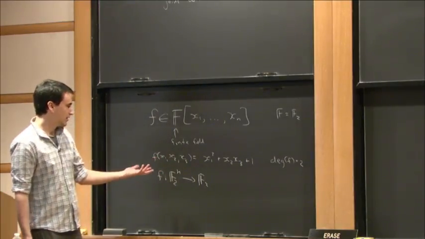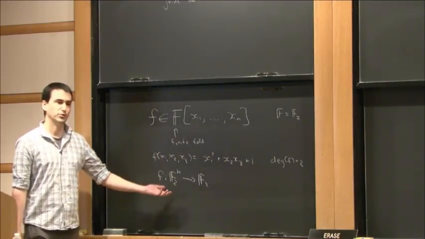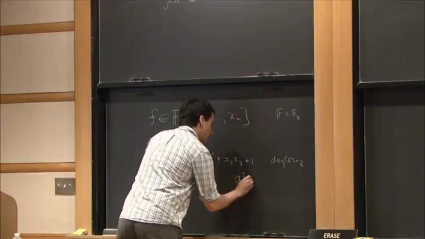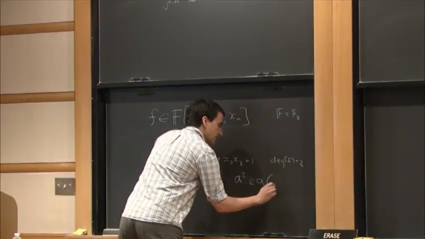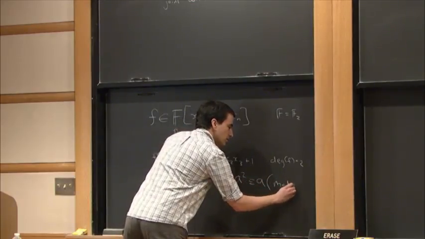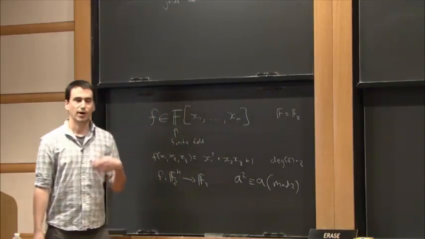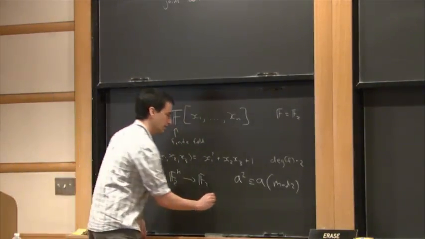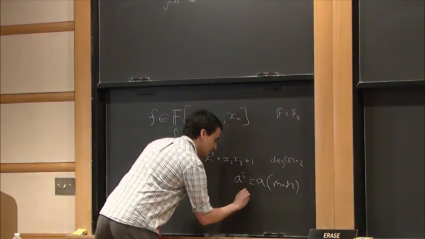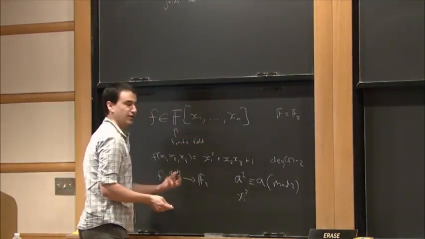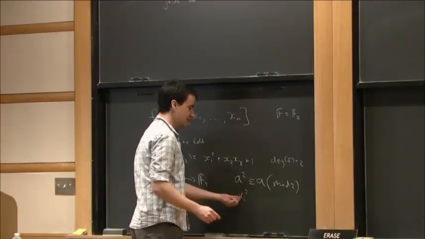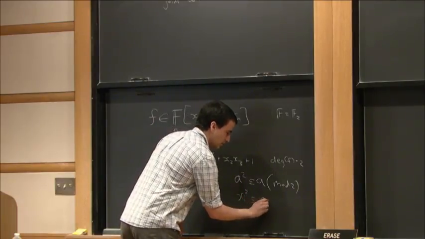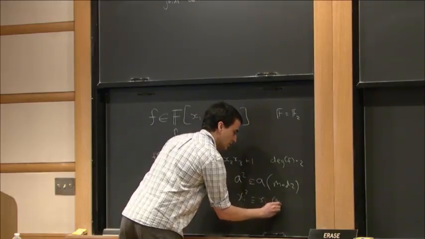And if we are considering a polynomial as computing a function, we can use the identity a squared equals a modulo 2, and we can reduce every power above 1 to the power 1. If we are only interested in evaluating this polynomial, xi squared is the same as xi modulo 2.